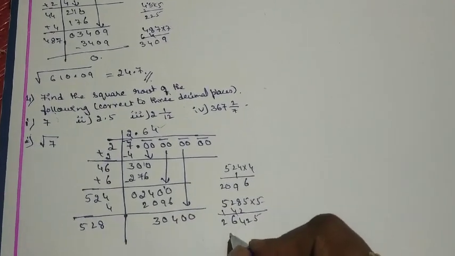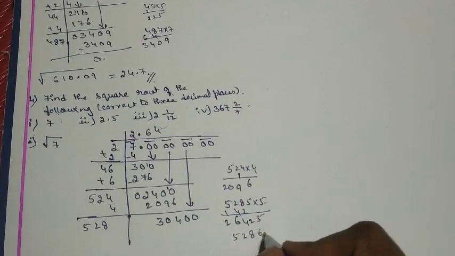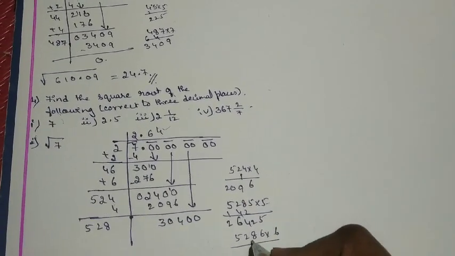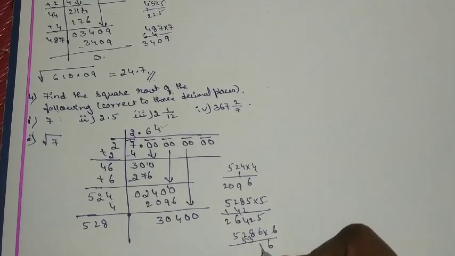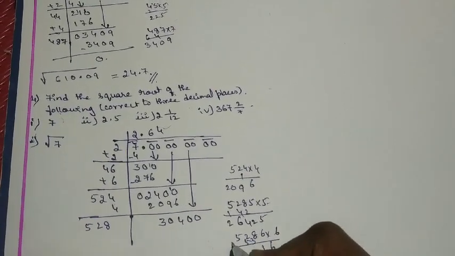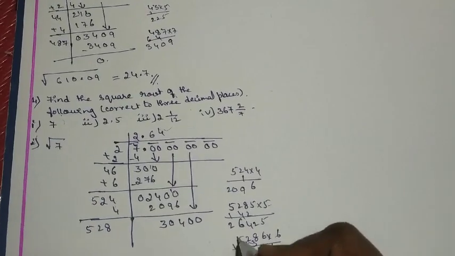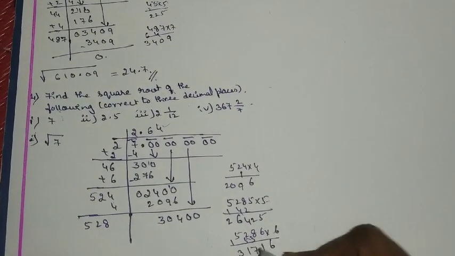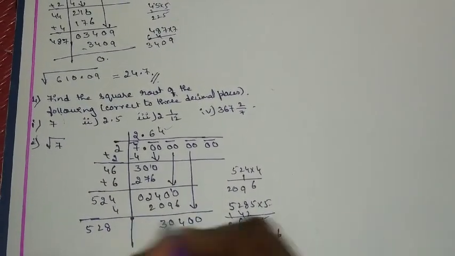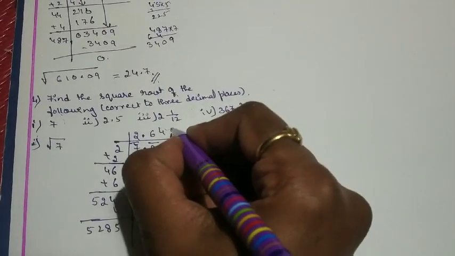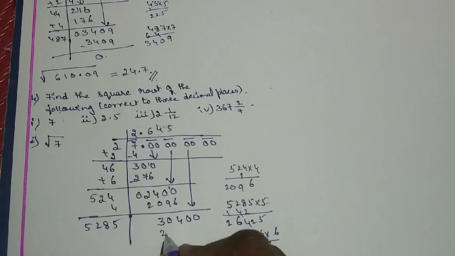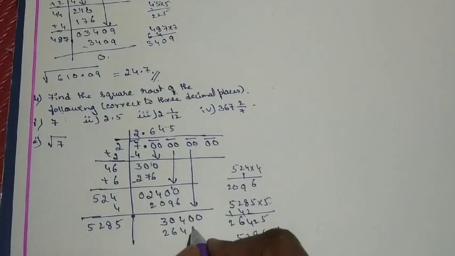If you check with 6, 5286 into 6. 6 6 36. 48, 49, 50, 51. 6 2 is 12. 12 plus 5 is 17. Then 6 5 is 30 plus 1 is 31. So it becomes greater than this. So I'll go for the preceding number, that is 5. The answer is 26425.